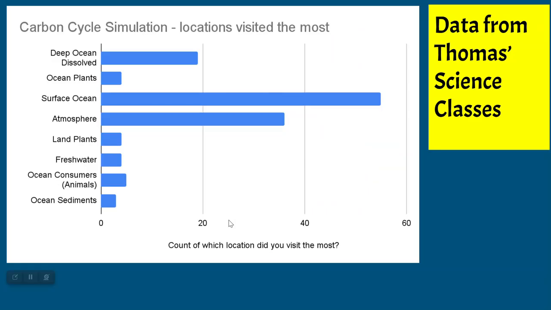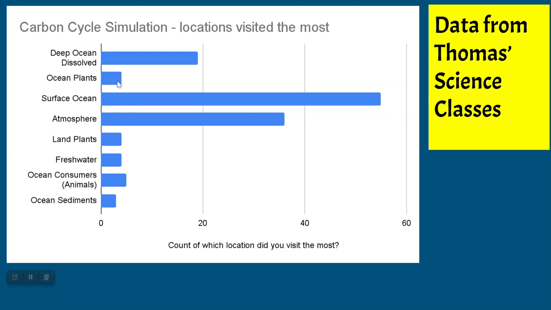All right, so when we pretended to be a carbon atom and wandered around to 10 stations in the room a couple lessons ago, I had some of the classes record how many times they went to each one of the stations. So if I had deep ocean dissolved particles right here, maybe we had 18 visits to that station.